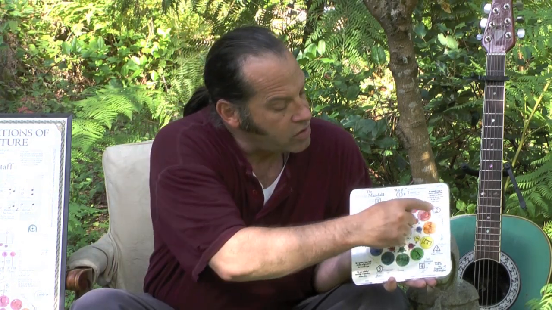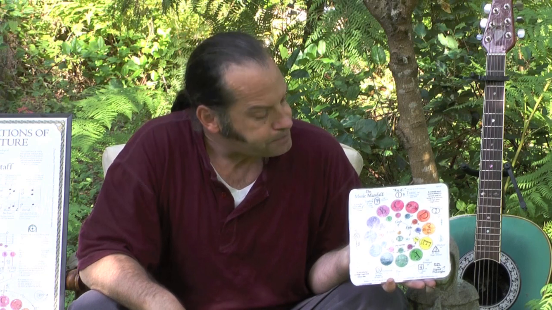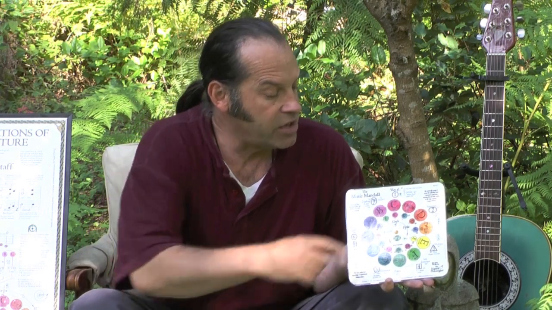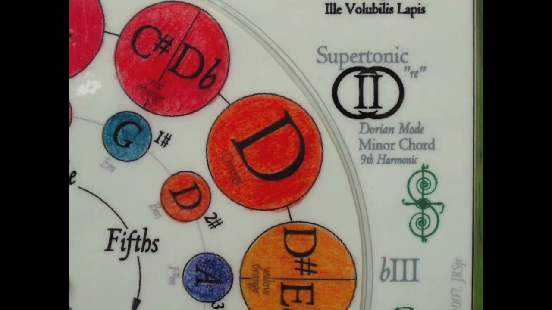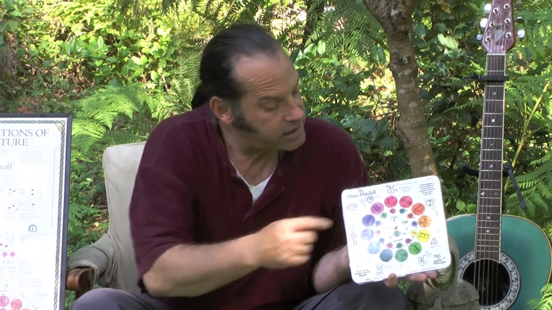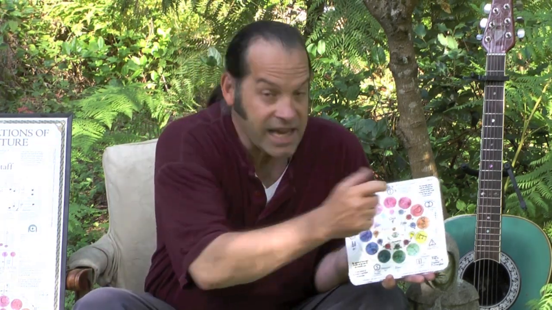So let's roll around to the 2nd scale degree. The second note in the key of C is going to be D, and we see that we're going to build a minor chord from that. So in the key of C major, the second chord is going to be a D minor. Now, why is that a minor chord? Let's count the 3 and the 5 notes from the second degree, and we'll find the answer to our question.